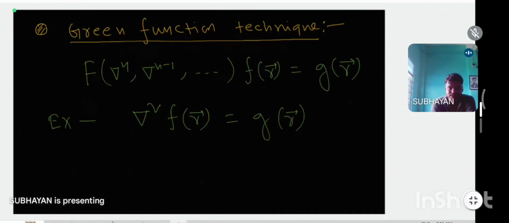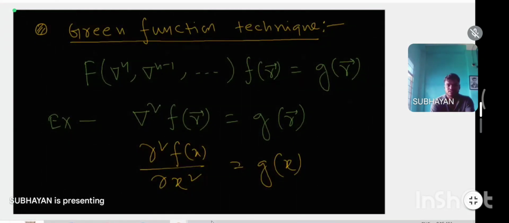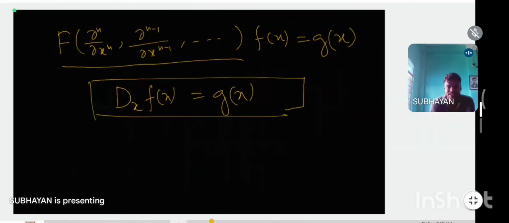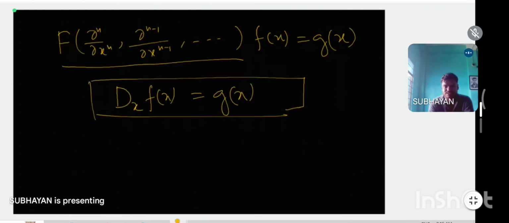For example, in one dimension, you can write del 2 f of x by del x2 is equal to g of x. So this is the one dimensional Poisson equation. In this case, if you compare, D of x is nothing but del 2 del x2. The del 2 del x2 operator is the D of x.